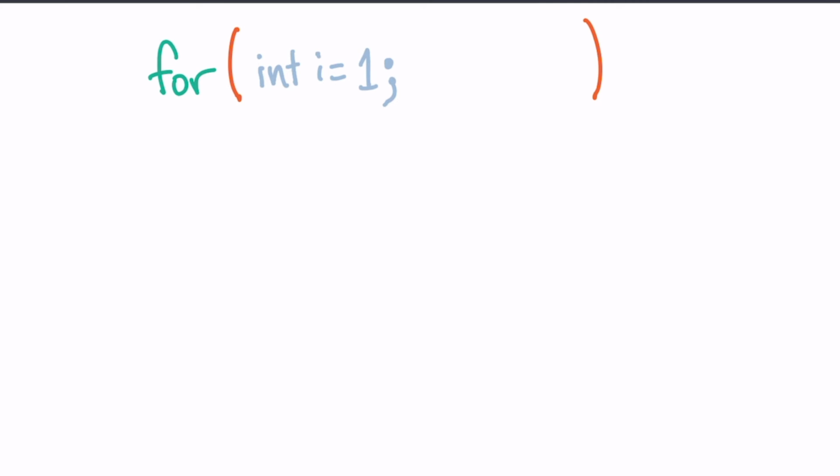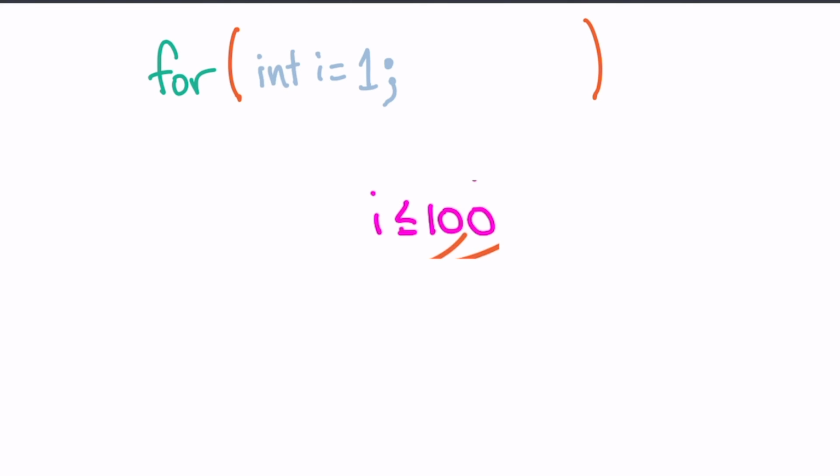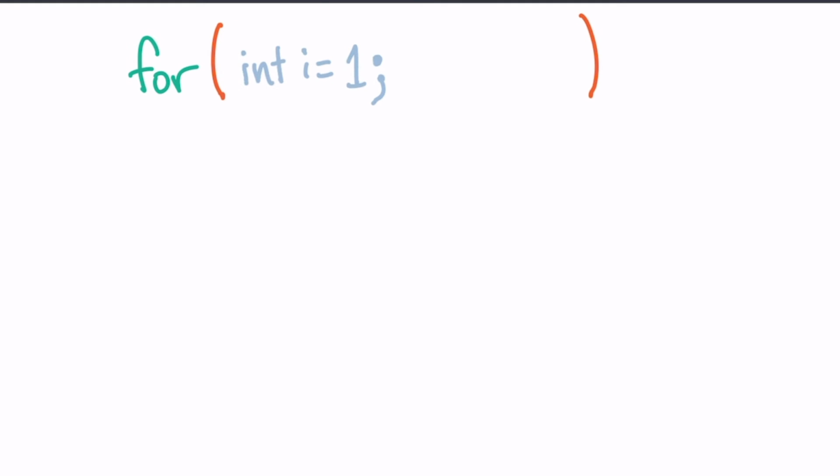And at the end of each statement of a for loop, you put a semicolon in order to signify that the statement's over, right? And it's all written in one line, so in order for the code to know that it's at the end of the statement, you have to put a semicolon. int i is 1. Then after that, you write the Boolean expression, right? And in this case, if you remember, our Boolean expression is i is less than or equal to 100.